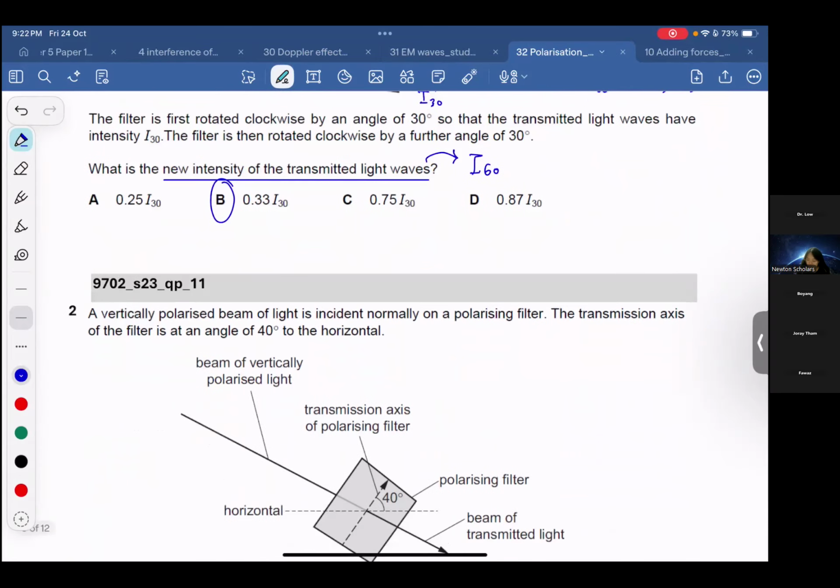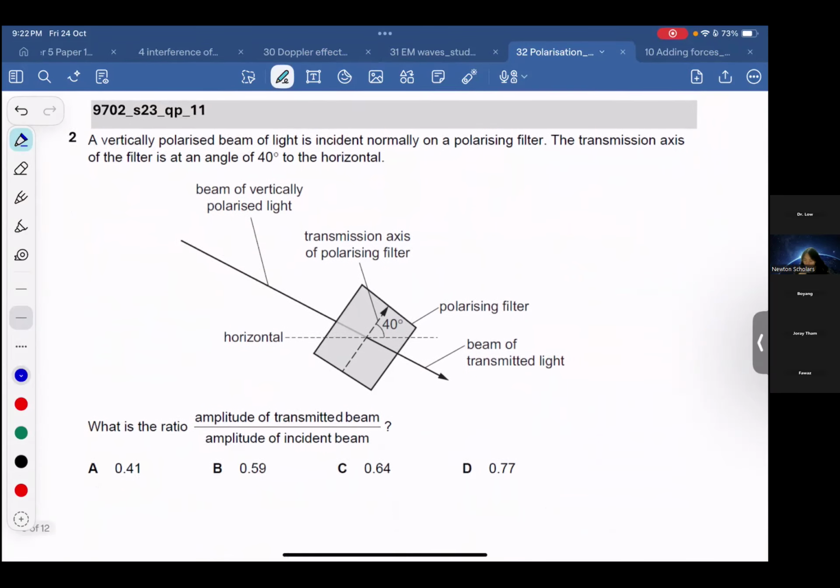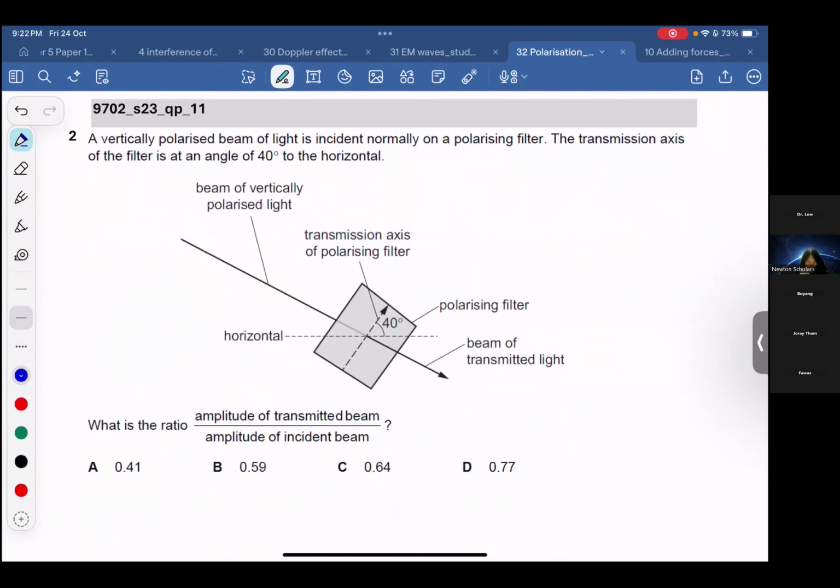Okay, this question is a vertical polarized beam of light. Initially it's vertical. The transmission axis of the filter is at an angle 40 degrees to the horizontal.